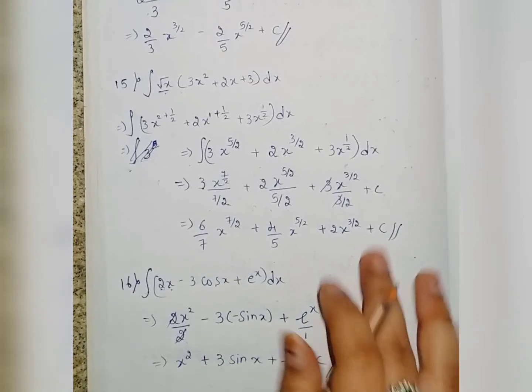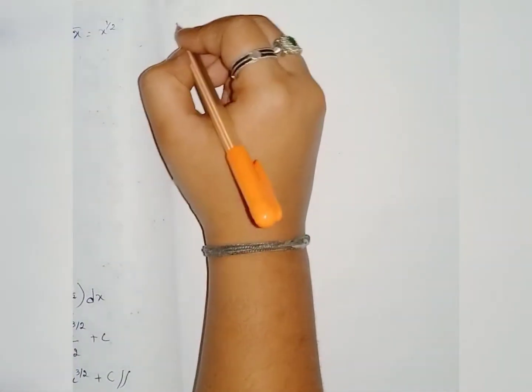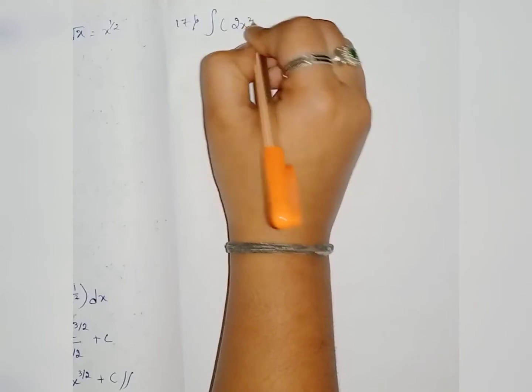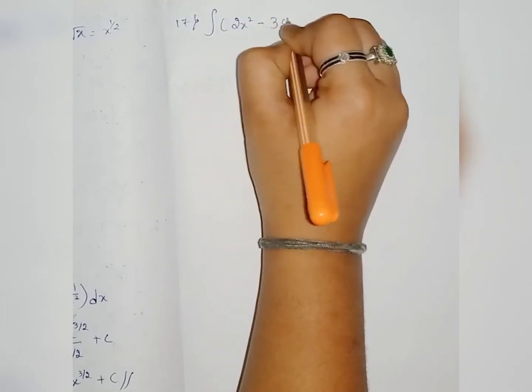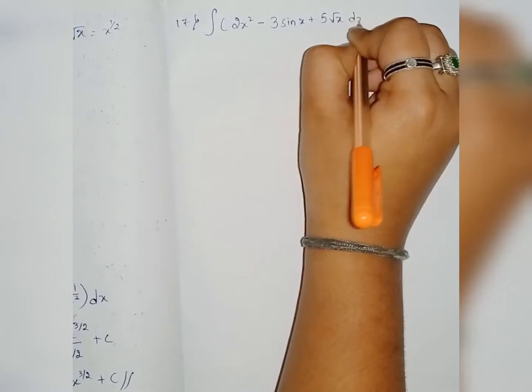Okay, that was the 16th one. Next is the 17th problem: the integration of 2x square minus 3 sine x plus 5 root x dx.